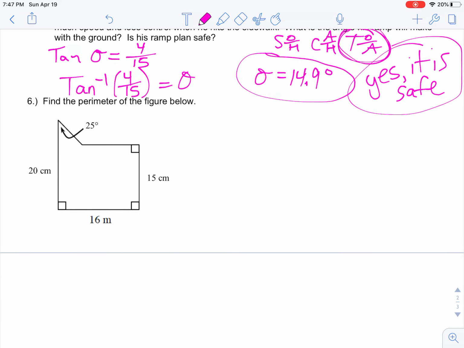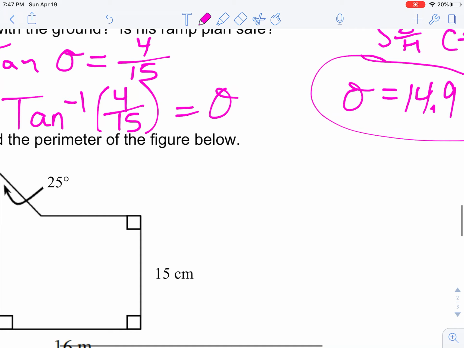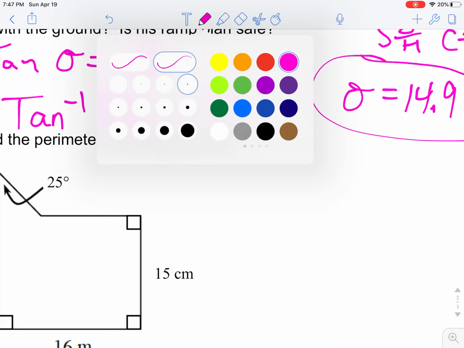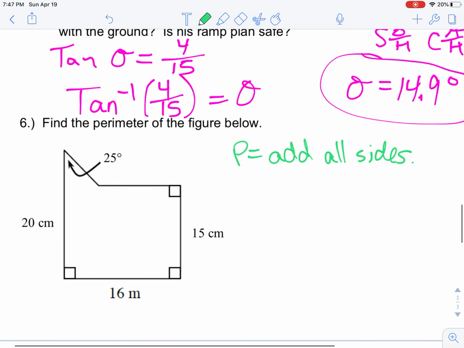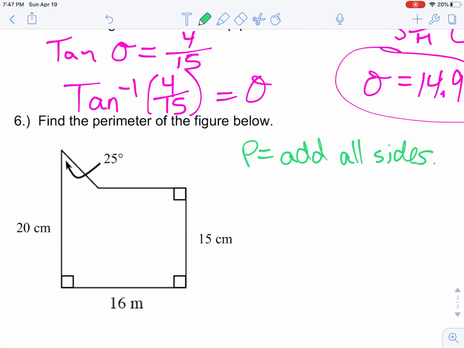All right, now for the last one, we want to find the perimeter of the figure below. So the perimeter, let's get a different color so we don't mix up. The perimeter is when you add all the sides. So we need to find the length of all of the sides here. And so what we're missing is this length and this length.